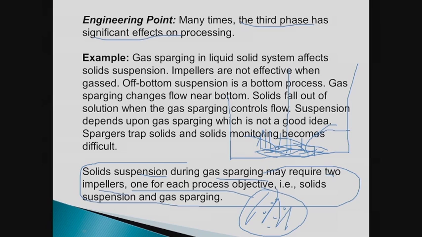So you can do all the predictions you want, but in reality, you have to run the operation. And whatever you think will occur, you will probably have difficulty, and it won't necessarily happen the way you think.